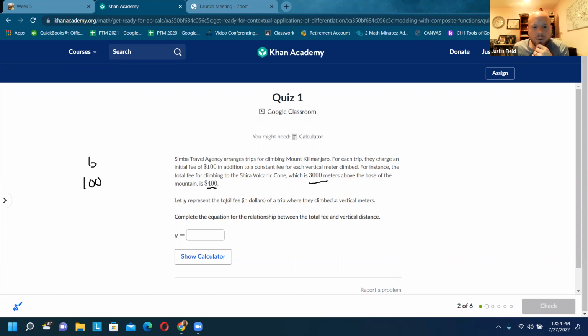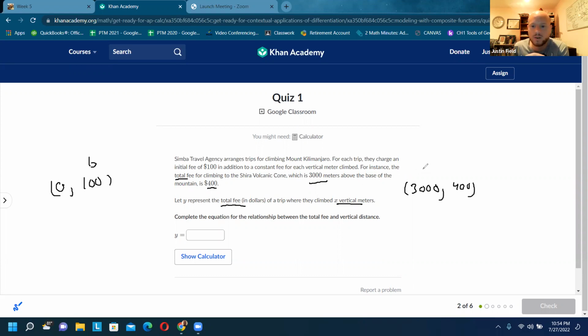Okay, let Y represent the total fee, and X is the vertical meters. And so they gave us an X value, and they gave us a total fee of 400. They gave us a Y value. So they gave us a point, and they gave us a y-intercept, which is also a point, right, where the X is 0. So they gave us 2 points.